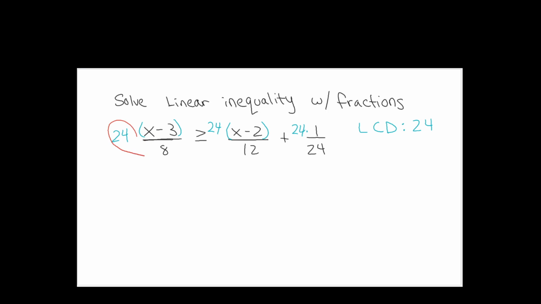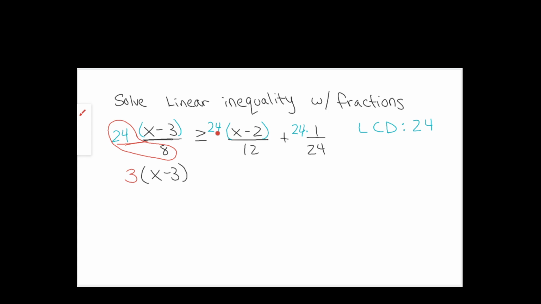We are going to simplify the fraction part, and we will end up with a nice whole number. This is technically division, right? So 24 divided by 8 is 3. And we are still left with that numerator with its implied parentheses. If you didn't write the parentheses, you might only have 3x, which would be wrong. It's 3x minus 9, because you're going to have to distribute that 3 to each term.